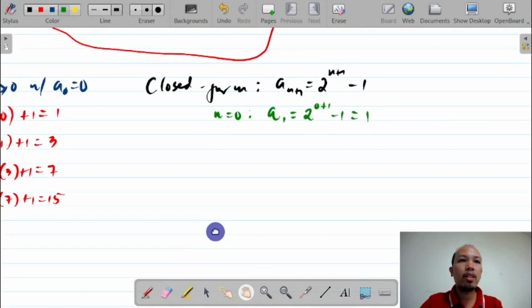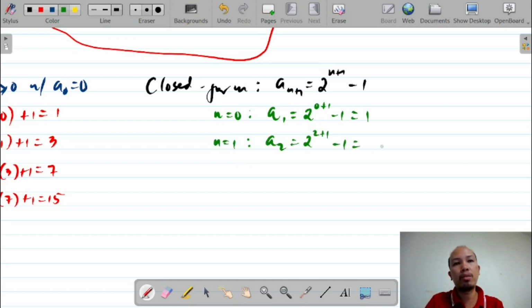Let's try n is equal to 1. So a sub 2 is equal to 2 to the 2 plus 1 minus 1, which is equal to what? 2 to the 3 minus 1. So 2 to the 3 is 8, minus 1 is equal to 7. So we have here the same.